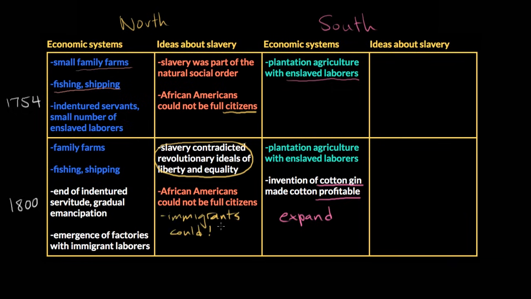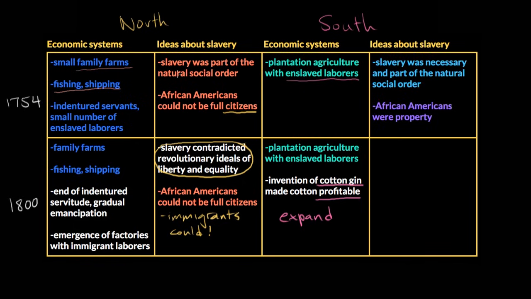So I think it would be fair to say overall that the North had never really needed slavery. And therefore, when the Revolution led many to question the institution of slavery, it was pretty easy to abolish it. How does that compare to the South's transition in this time period? Well, by 1754, the notion that slavery was natural and enslaved Africans were property was pretty well ingrained.